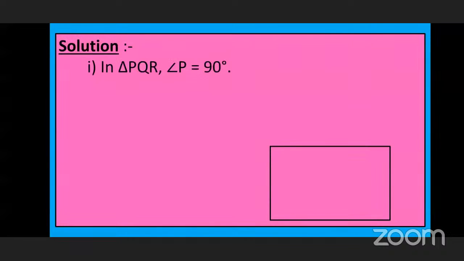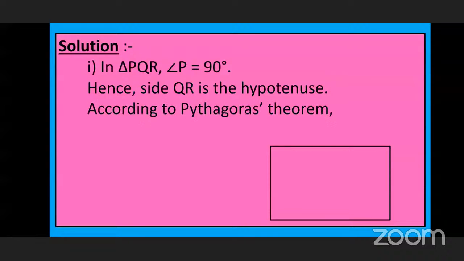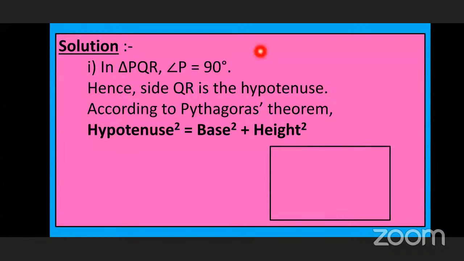So in triangle PQR, angle P was 90 degree. And as P is 90 degree, QR is the hypotenuse. So by using Pythagoras theorem, the formula is hypotenuse square equals base square plus height square. And as P is 90, QR is hypotenuse.